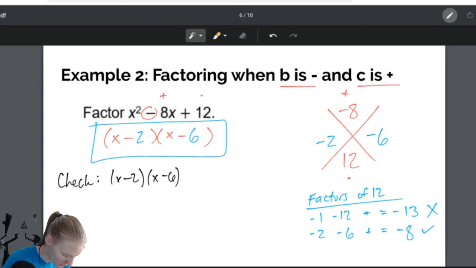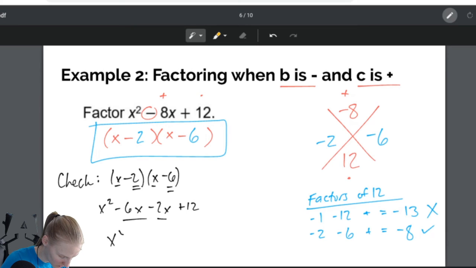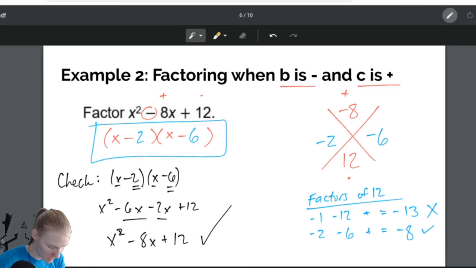So first, outside, inside, last, combine like terms. Ooh. Would you look at that? Yep. Works out good.